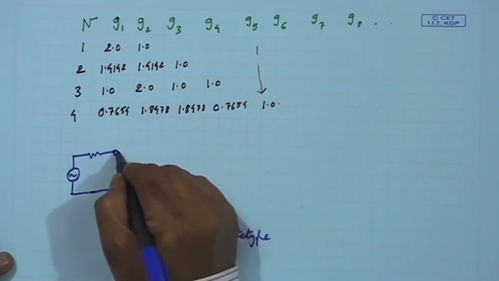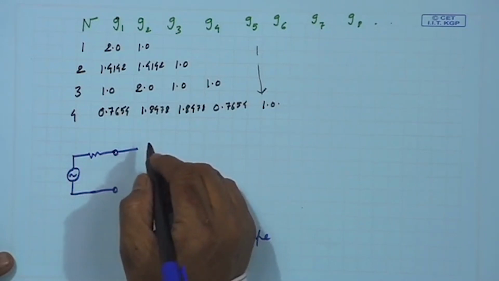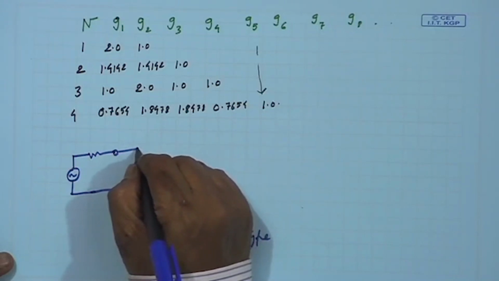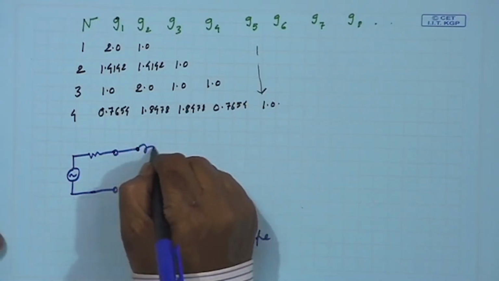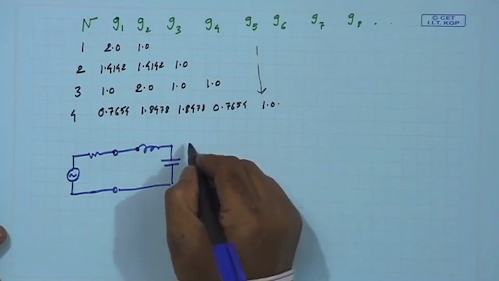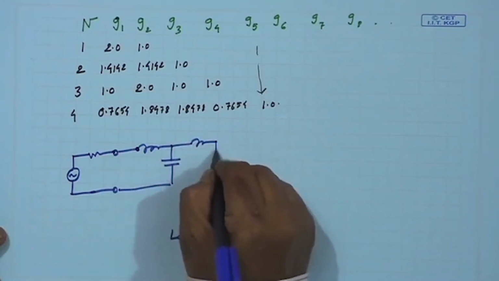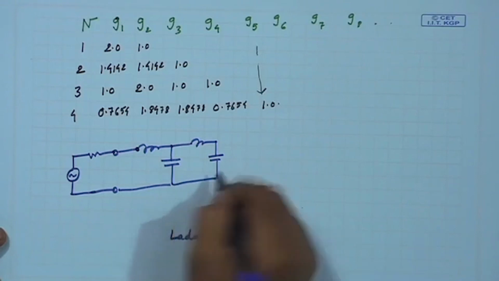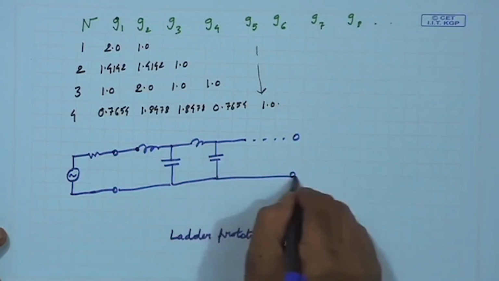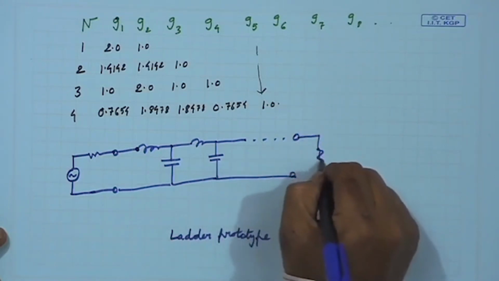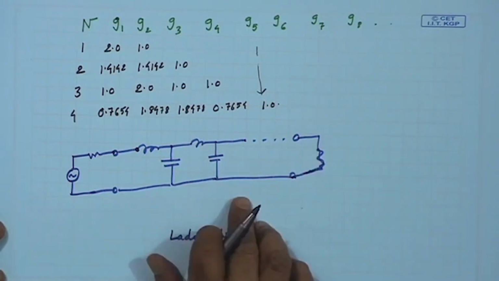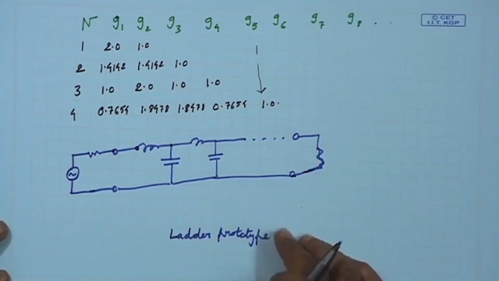So, we know first element is like this, then in the previous case how I designed, take this. So, you see that what I designed, that is called ladder prototype.